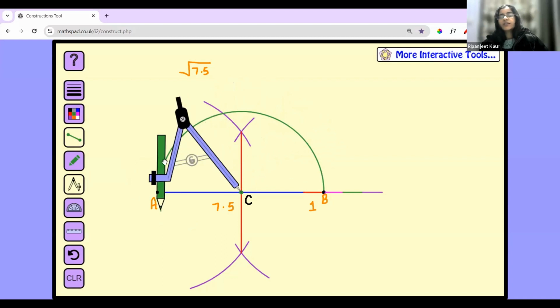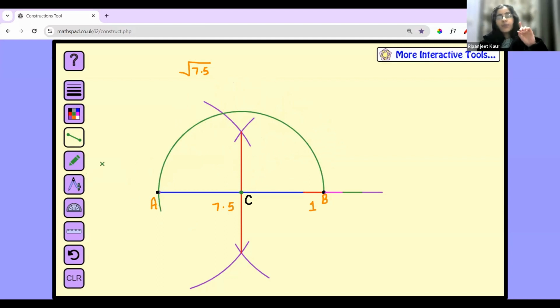After making this semicircle, the step that we are going to follow is making a perpendicular. At which point are we going to make the perpendicular? At this point, which we will call point D, from where we extended it. This is the point D, which is one unit away from B, and here at point D we are going to take a perpendicular.